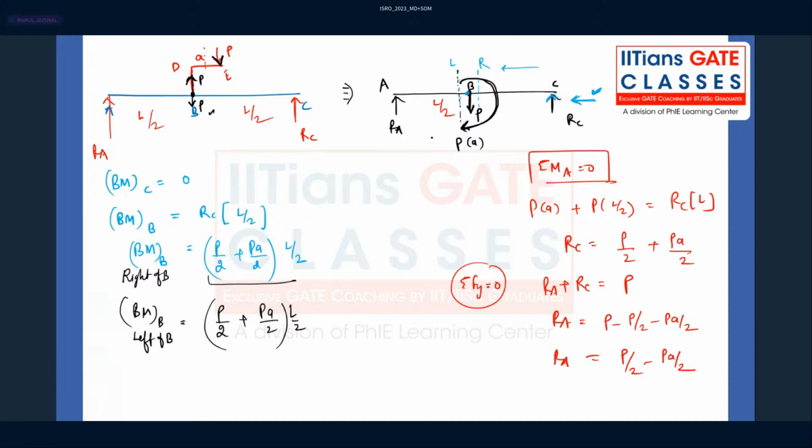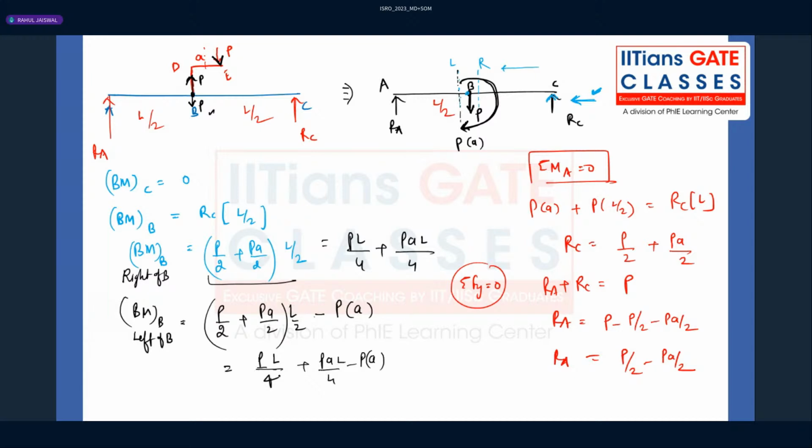See that? Hogging bending moment. So what we can write: minus P into A. So here you can write PL by 4 plus PAL divided by 4, minus PA, something, this particular value.